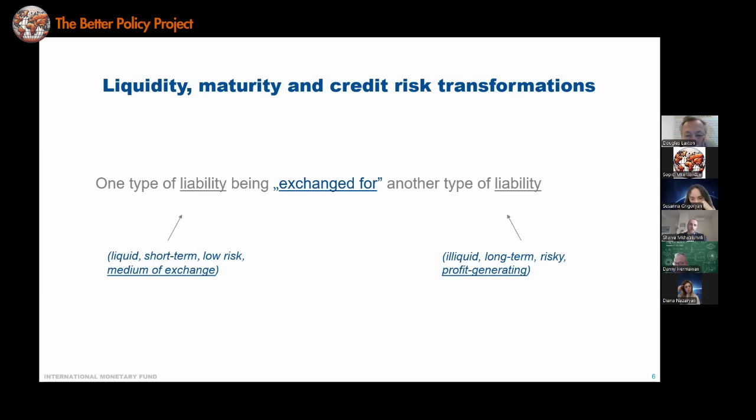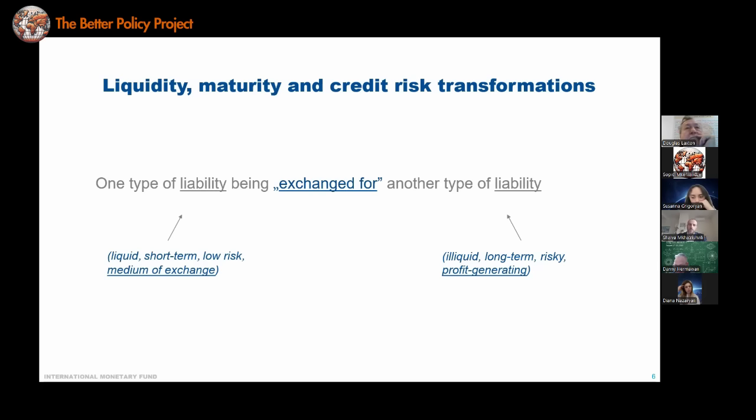The trick is that the liability that banks issue is liquid, short term, low risk, and more importantly, as a result, is used as a widely accepted medium of exchange in the economy. We make payments for goods and services and assets like houses and so on.